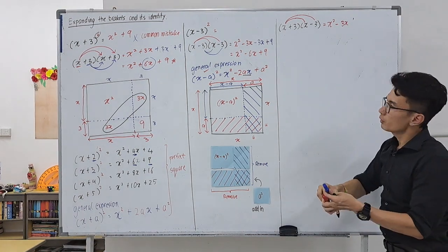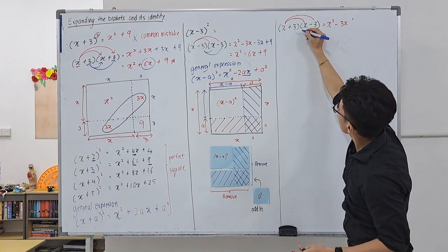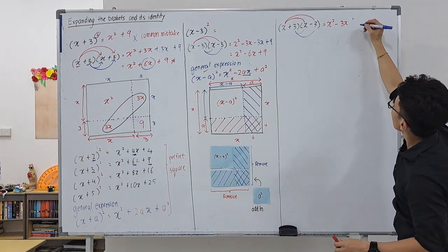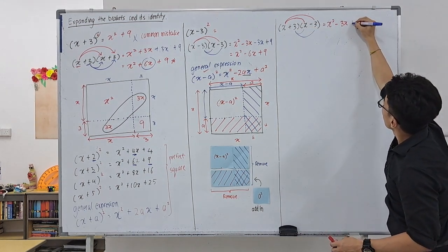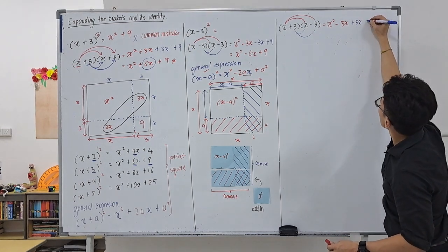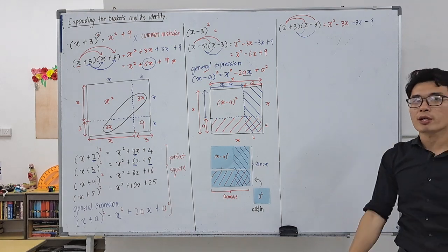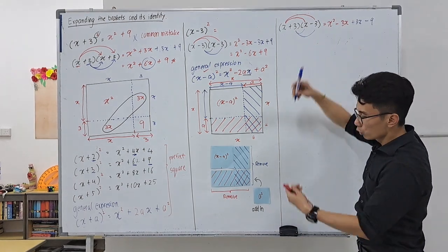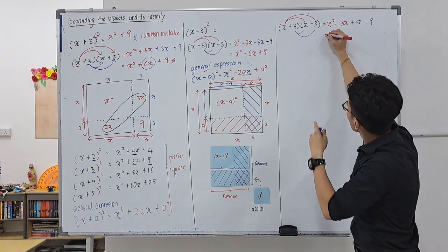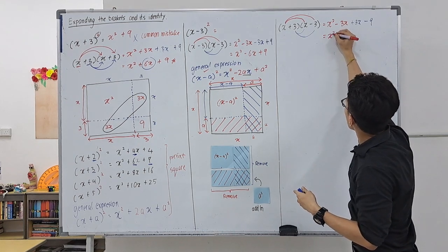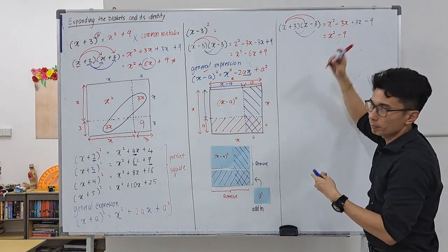And I will expand this again. I should get plus 3x minus 9. Please be very, very careful about the sign. So when you simplify this, you should get x squared minus 9.